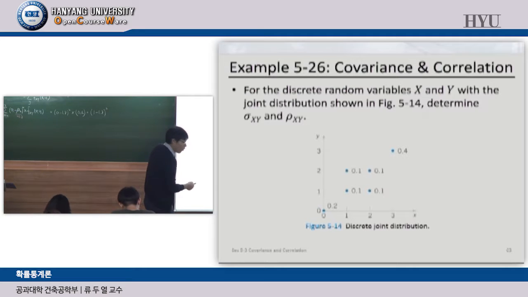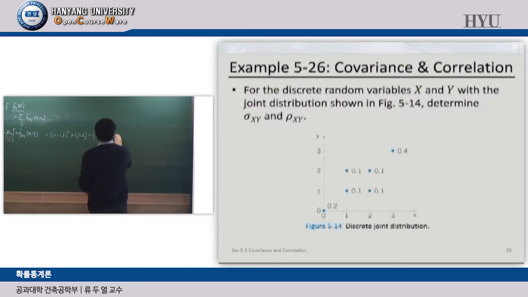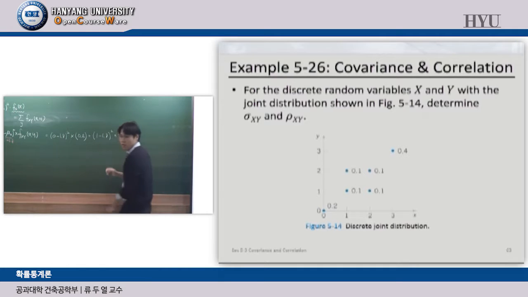So when y is equal to 1, the joint probability mass function is equal to 0.1, and when y is equal to 2, it is equal to 0.1. So this term should be 0.1 plus 0.1, right?